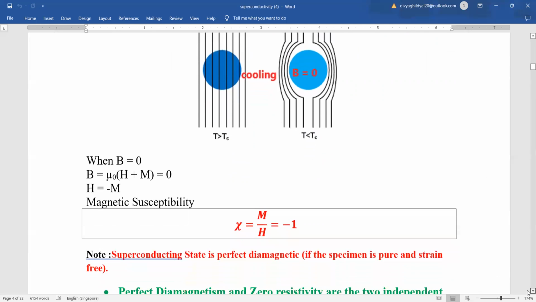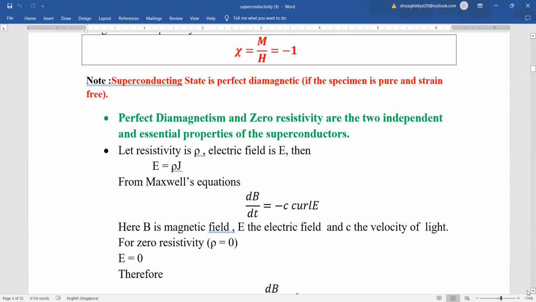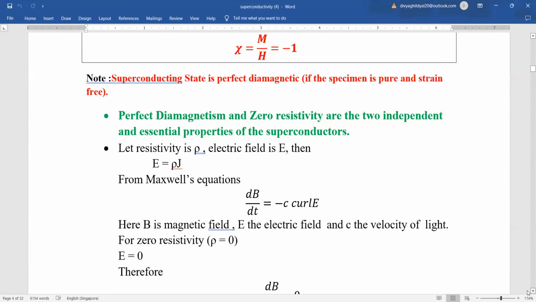So the superconducting state is a perfect diamagnet if the specimen is pure and strain-free. So perfect diamagnetism and zero resistivity are the two independent and essential properties of superconductors. Thank you.